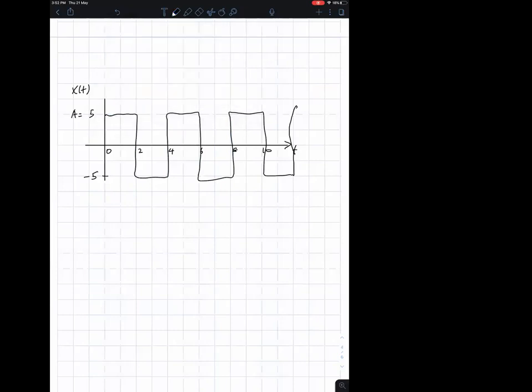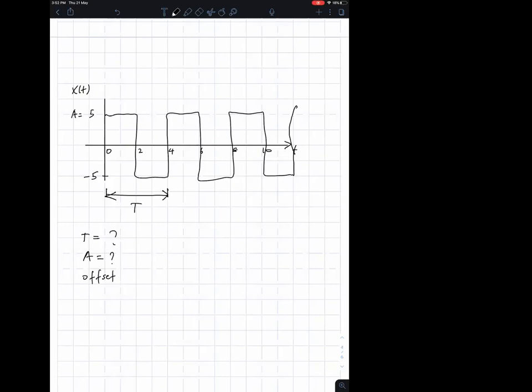So in this lab, each one of you should have a different period. What is your period, what is your amplitude, and what is your offset?